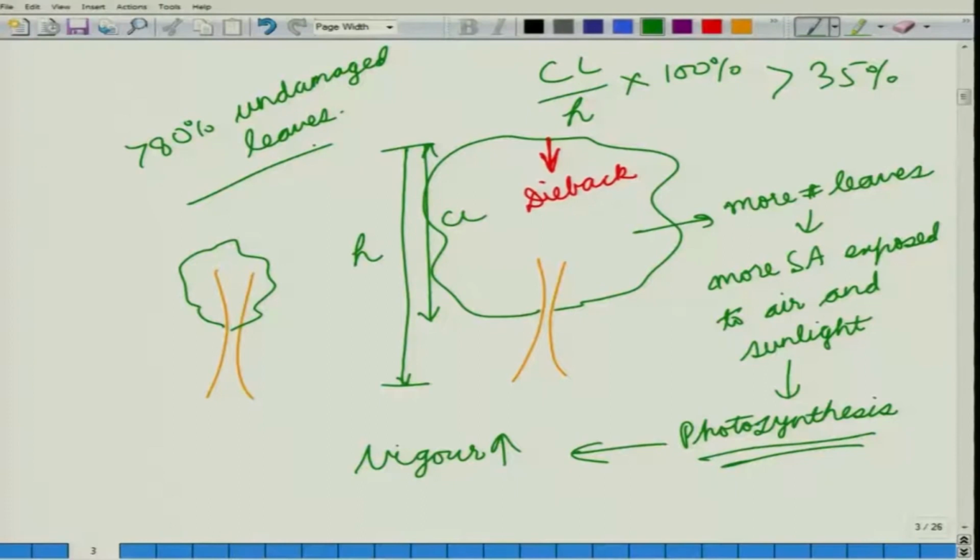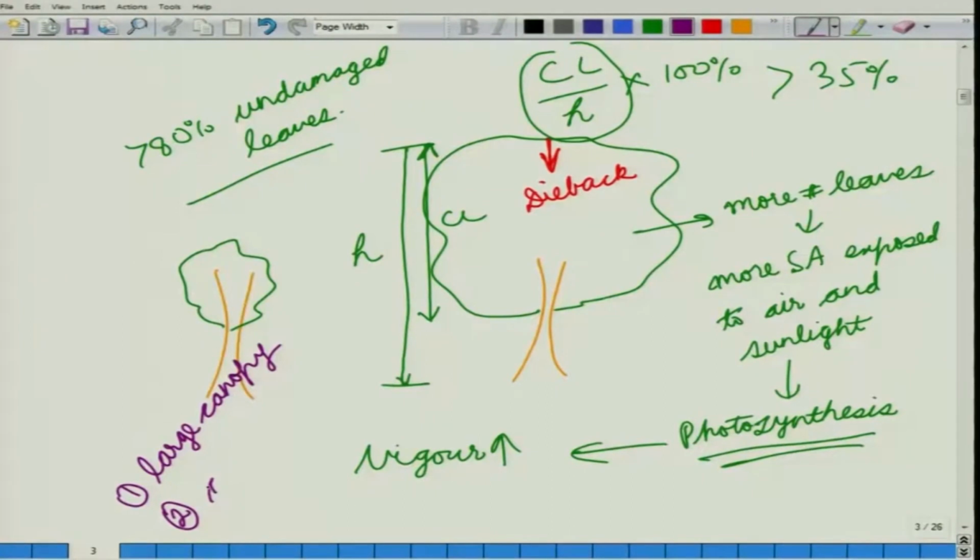Now, what does this tell us? One, by using this live crown ratio, we can say that it has a large canopy. Plus two, the canopy is not suffering any dieback.